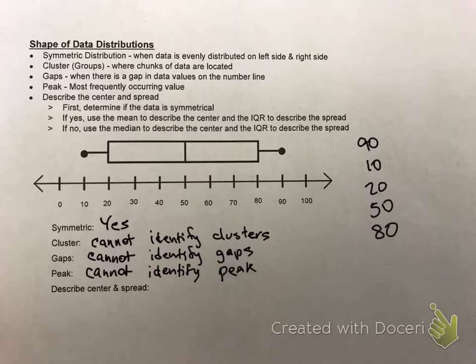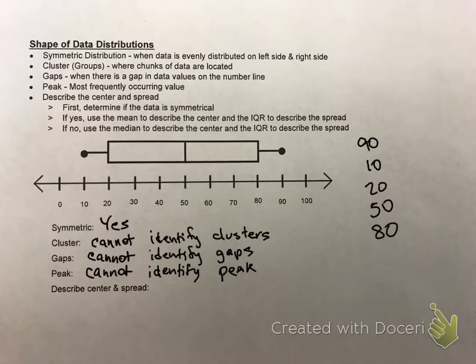So in most cases, if the graph is symmetric, then we would use the mean to describe the center and the IQR or interquartile range to describe the spread. If not, we would use the median to describe the center and the IQR to describe the spread.